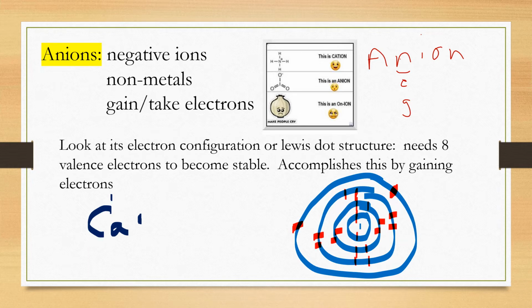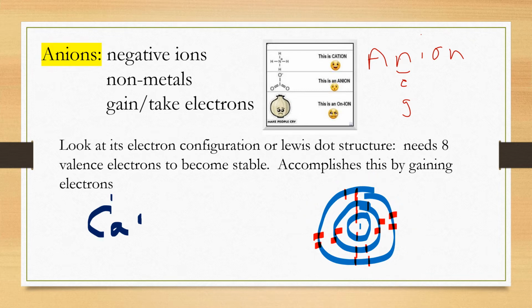So what happens is we lose these 2 outer electrons. When we lose those, it loses that whole energy level. So now it only has 3 energy levels because it's taking the formation of argon, which has 3, and it has its full valence shell of 8 electrons. So your Ca ends up having that 2+ charge.